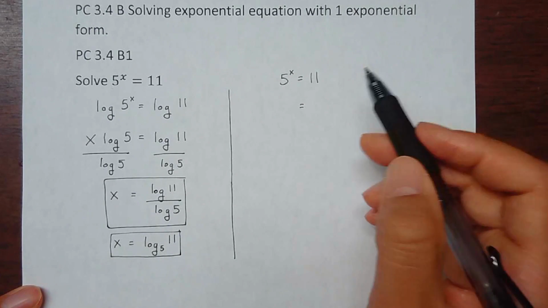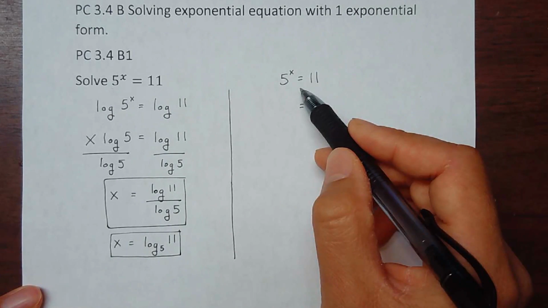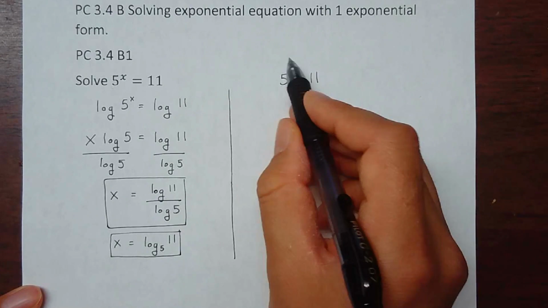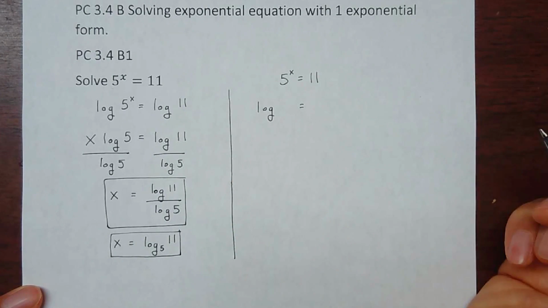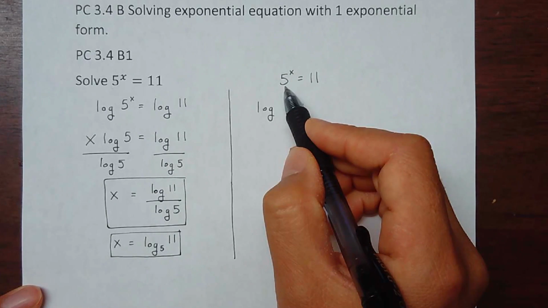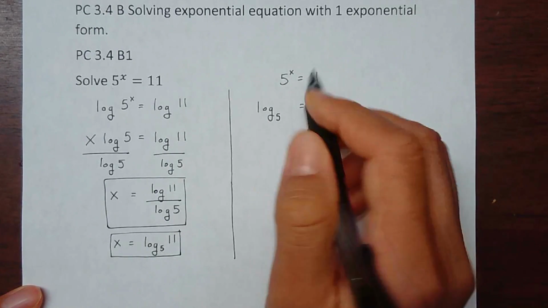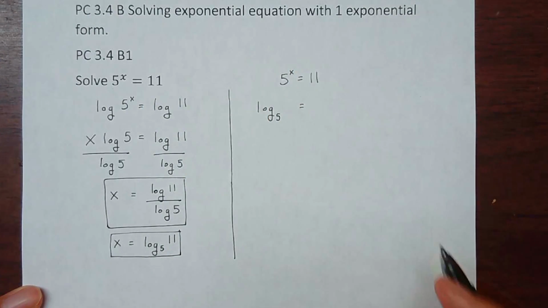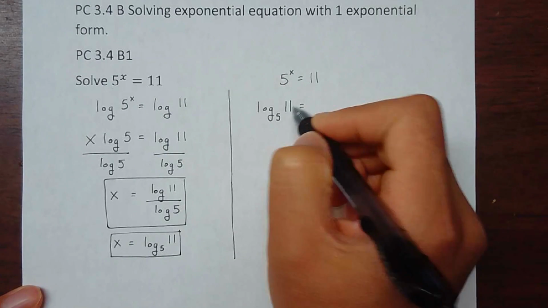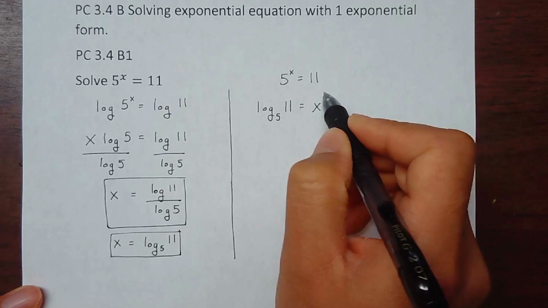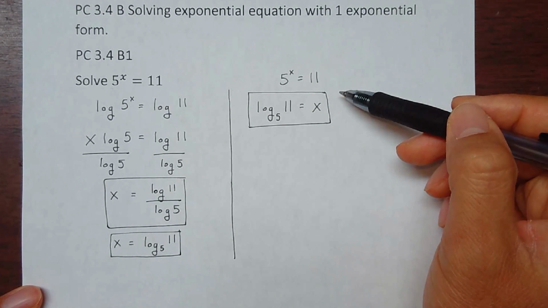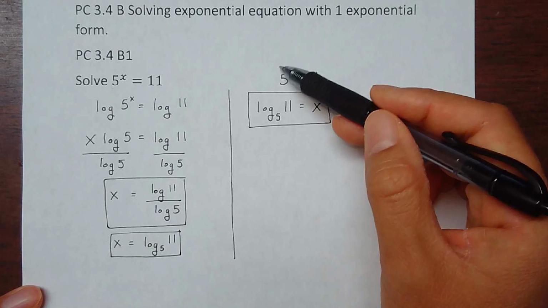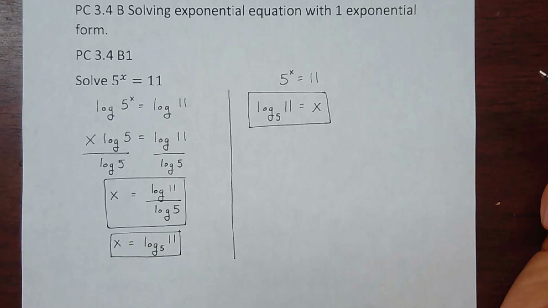So from exponential form to logarithmic form. The exponential form is on the left, keep the log on the left, the base is 5, so keep that as a base, then swap it. So base 5 of 11 equal to x, we get exactly the same answer. Pretty handy, but you can only do that when you have only one exponential form.